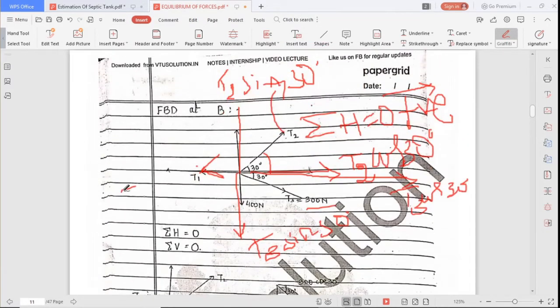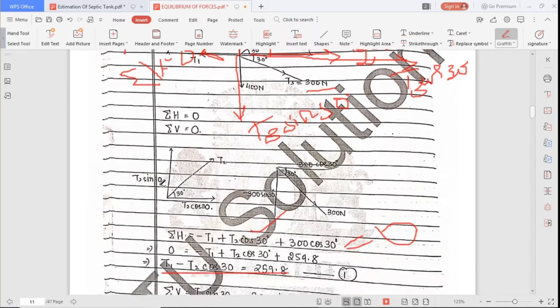Next, summation of vertical force equal to 0. Which are the vertical forces? Take only those forces and equate it to 0, taking upward as positive. So which are the forces coming upward? Take them as positive, and the forces directing downward take as negative.